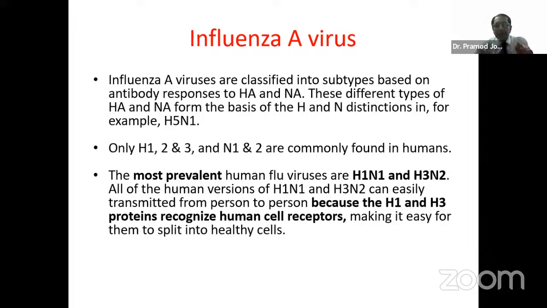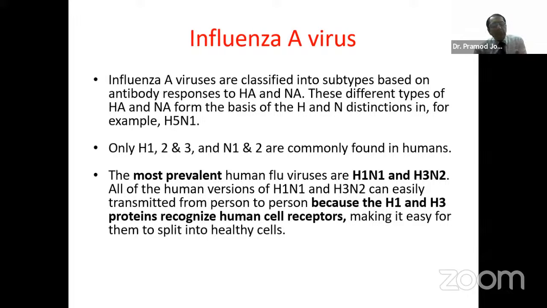See, influenza virus has two glycoproteins outside, hemagglutinin and neuraminidase. And these different types of HA and NA with different permutations and combinations, they will produce different influenza viruses, nomenclature. Okay. So for example, it could be H1N1, H2N2, H3N3, it could be H5N1, anything.